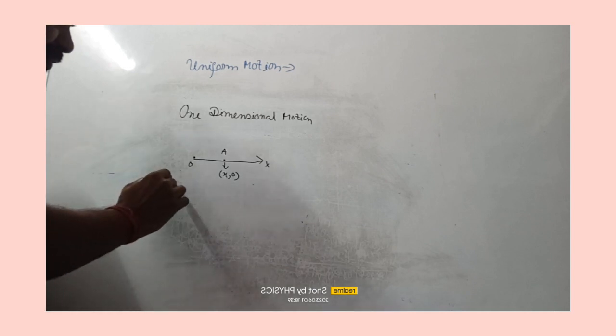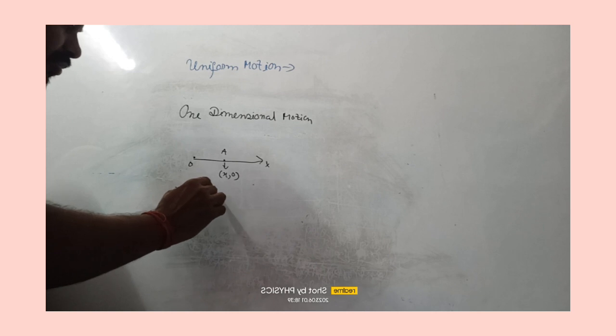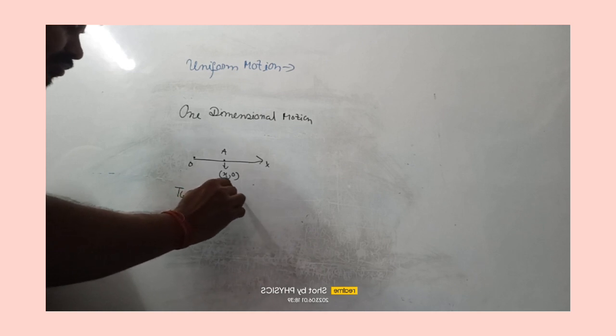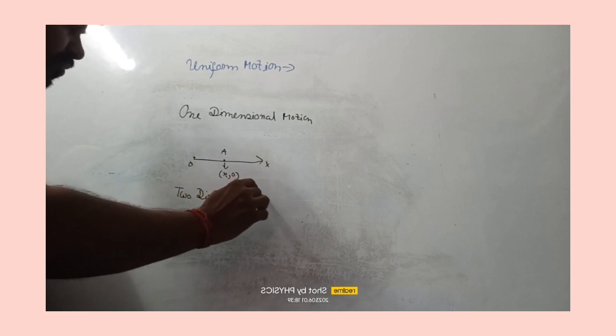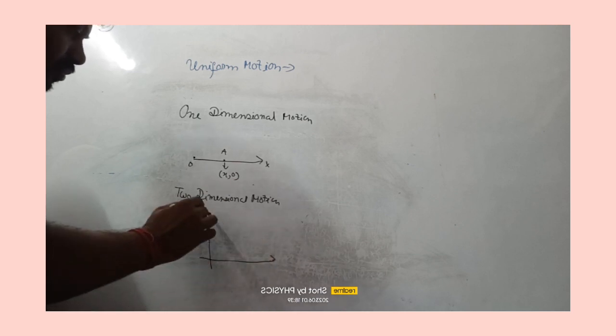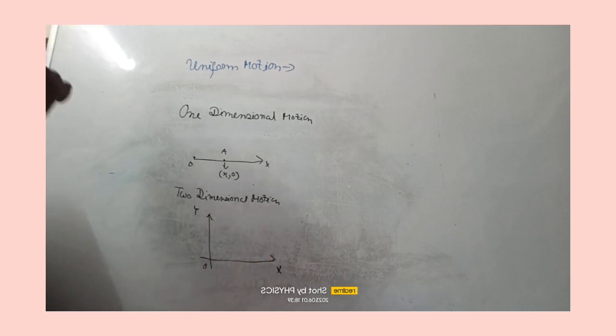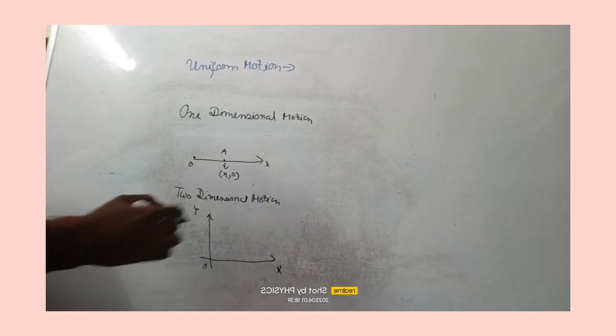Now for two-dimensional motion, we have OX, OY, and you can assume yz, zx.